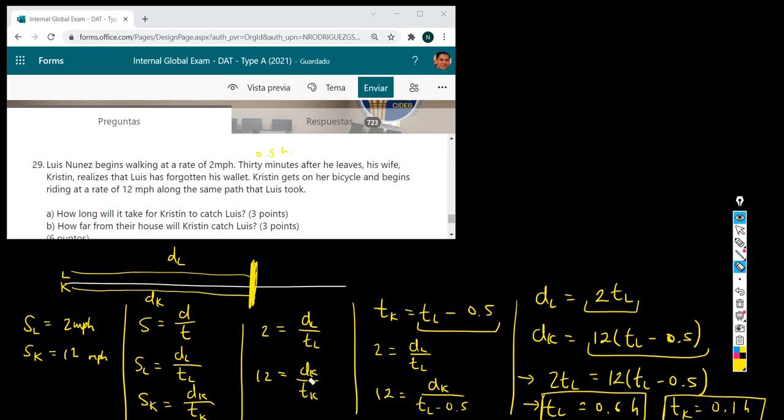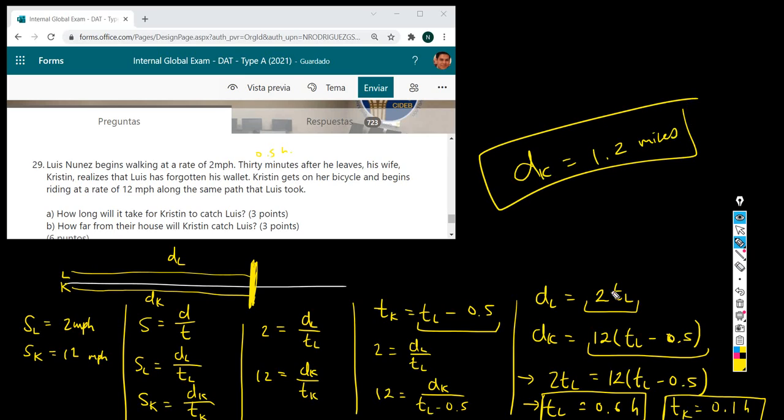And then you will be getting dK, and that's gonna be quite clearly 1.2 miles. So these are the answers, guys. This is the answer for B, and either this or this is the answer for A. It depends on whether you consider when Luis started going or Kristen.